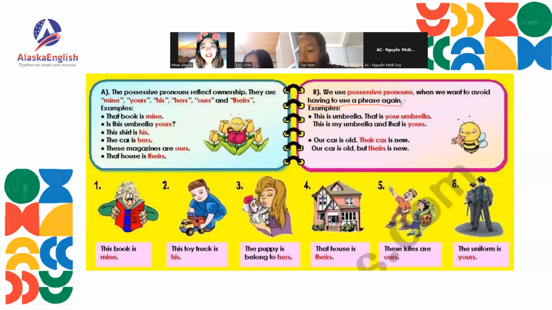All right. So, meaning we use possessive pronouns to avoid repetition, or redundancy.